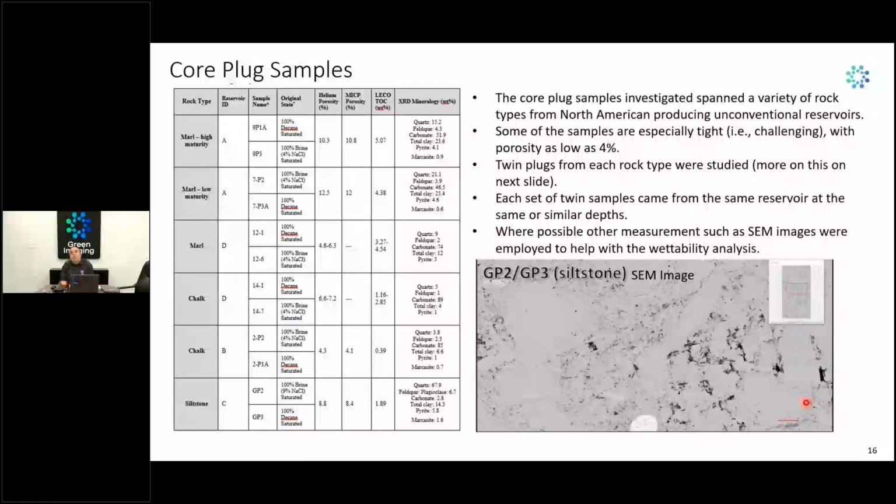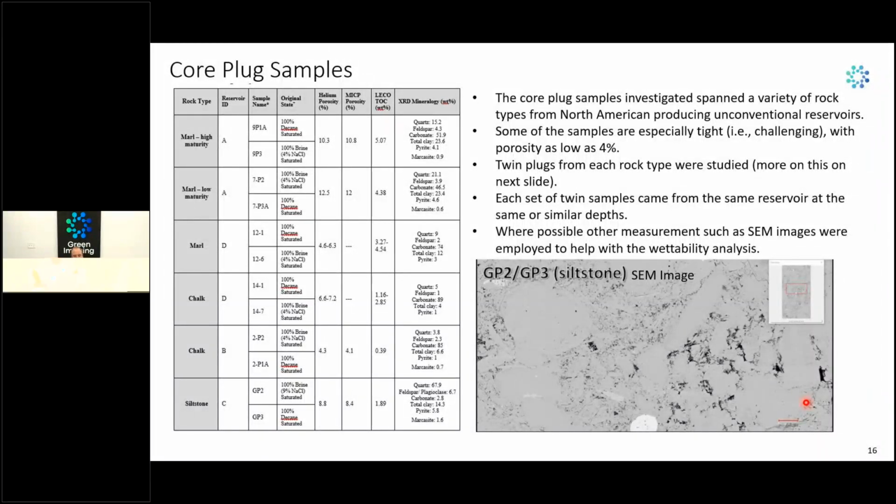Some of these samples were really tight, and that made them challenging, with porosities as low as 4%. As I said, these were studied as twins, and each twin sample came from the same reservoir at similar depths. And wherever possible, we tried to get extra information such as SEM images or helium porosity data, in case this information might help guide us in our analysis.